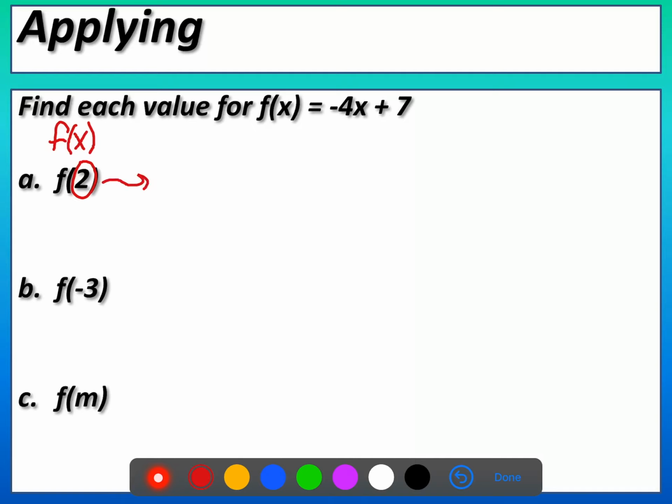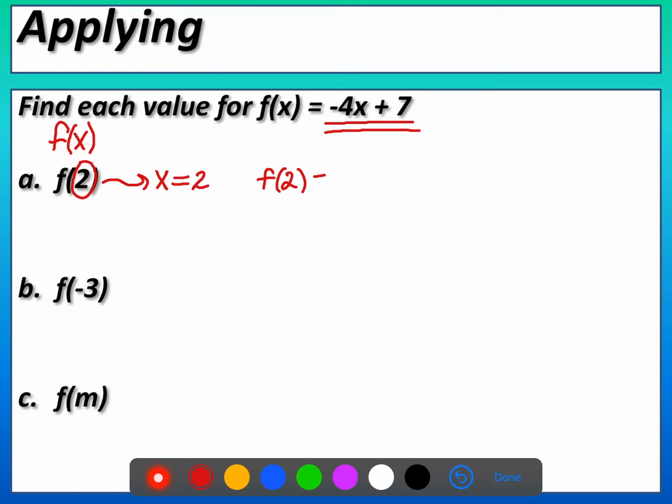So we can see that 2 is in place of the x. So that means x equals 2. So we're going to use x equals 2 and this given function, and we're going to evaluate.